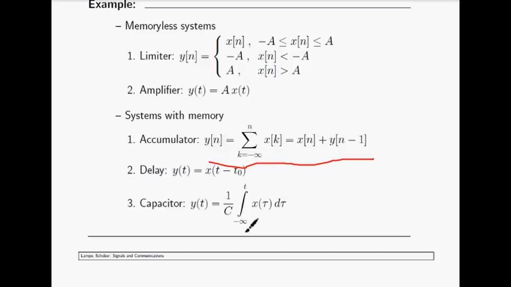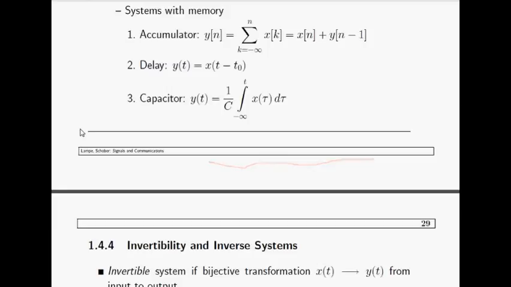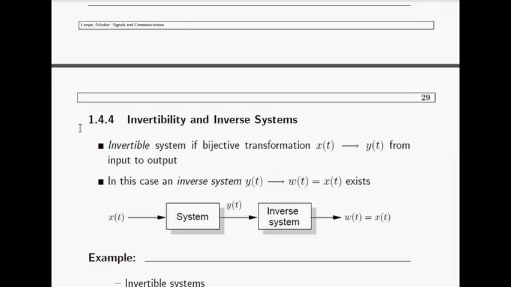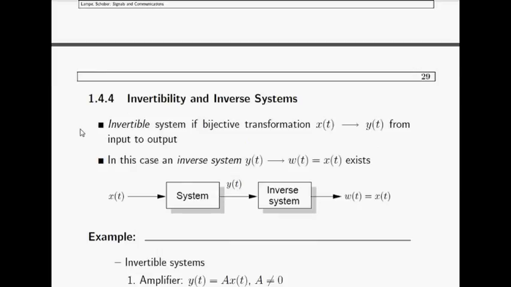Now let's see another property, which is invertibility and inverse systems. So what is invertibility and inverse systems? Say I pass an input through a system and get some output, and if I pass that output through another system, the output of that other system will be equal to the input of the first system.